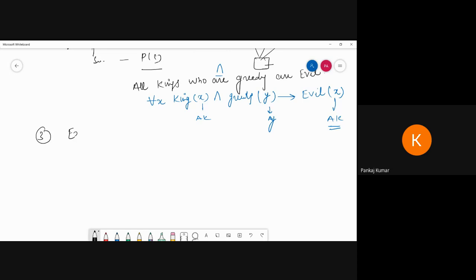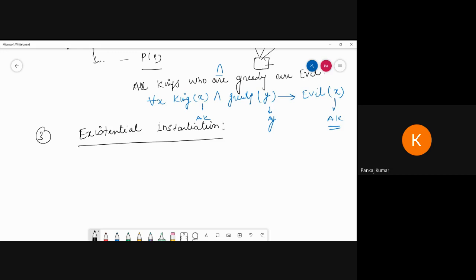The third one, existential instantiation. This may be of different types, or I can say existential elimination.